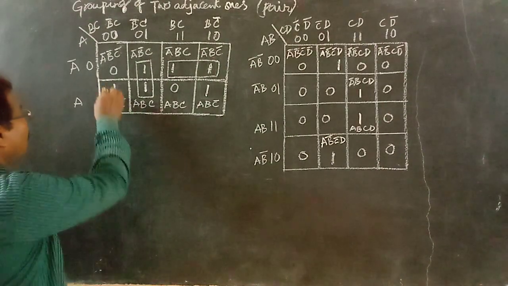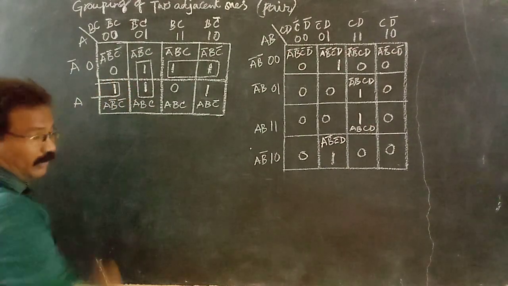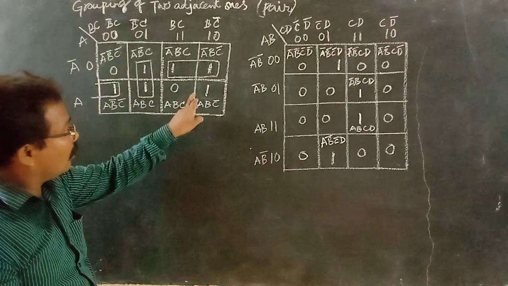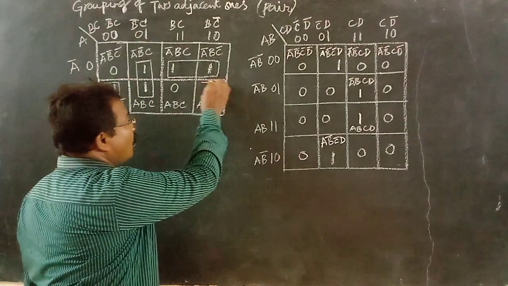Here the leftmost cell of this row consists of 1 and the rightmost cell of the corresponding row consists of 1.